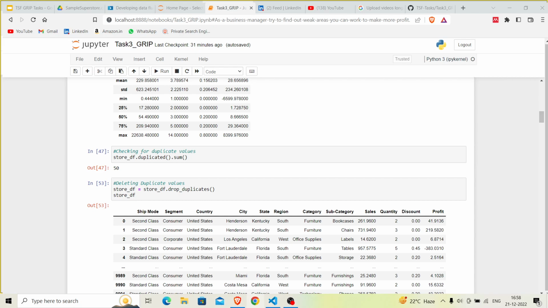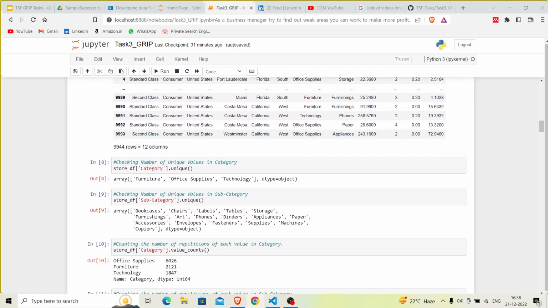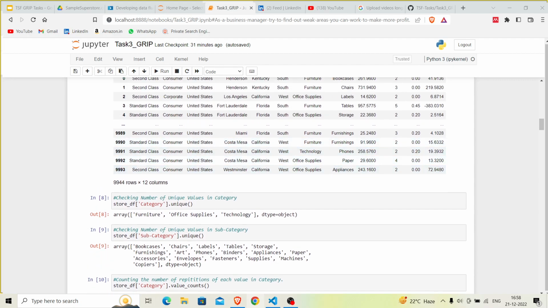After finding the duplicate values, in the next step I am deleting those values by using the drop_duplicates command. And after that, I am checking for the unique values in each attribute, like in the category attribute.